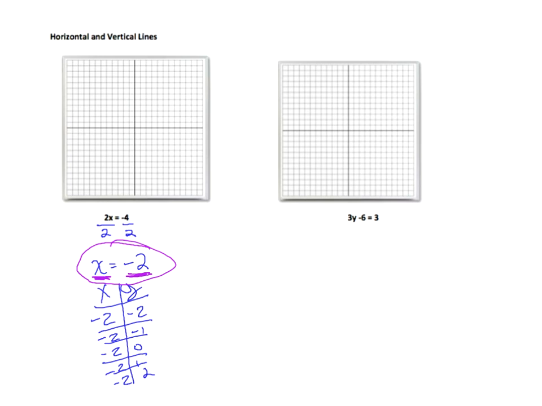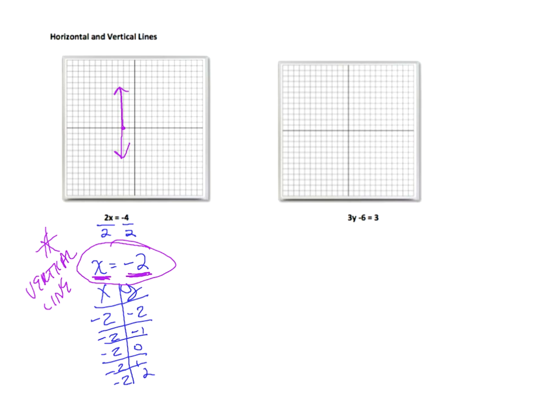I'm going through the x-axis at -2. The only way to go through the x-axis is to be going up and down. So anytime you have x equals a number, it's going to be a vertical line with undefined slope.